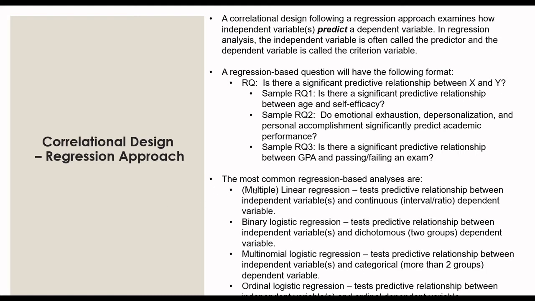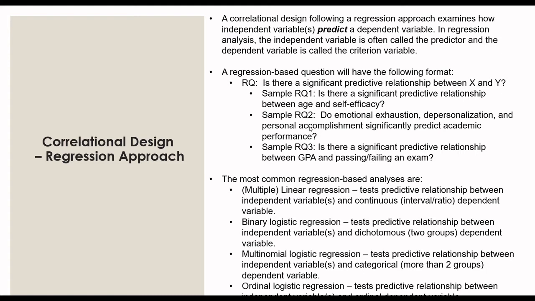If you have multiple in front of it, that means you have multiple predictors trying to predict a criterion. So sample question 1 up here would just use a linear regression. Sample question 2, you have 3 different predictors, so that would be a multiple linear regression.